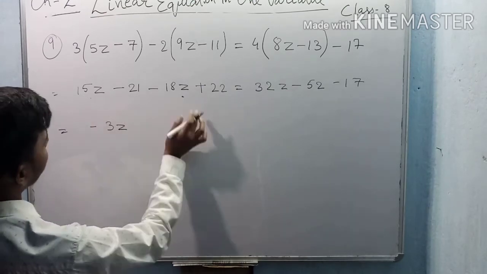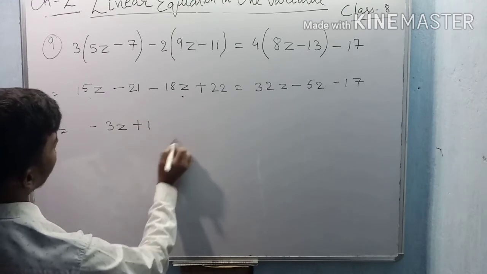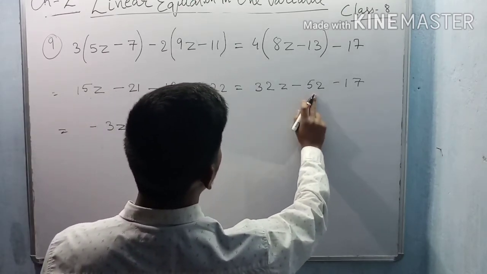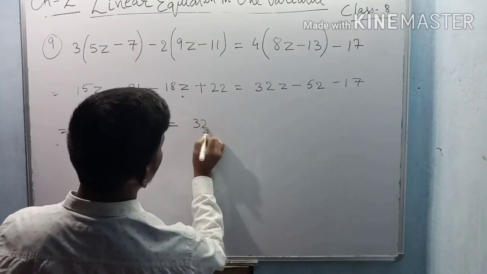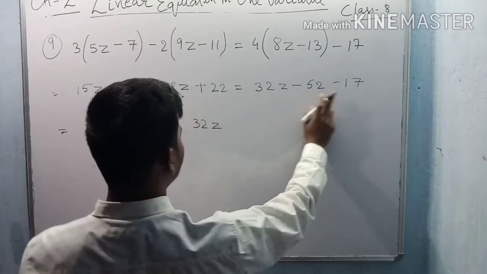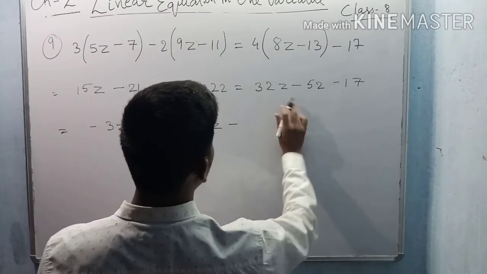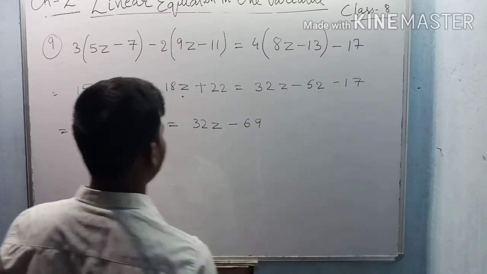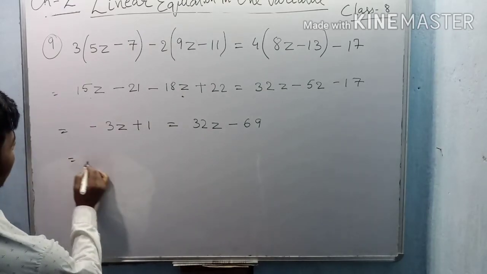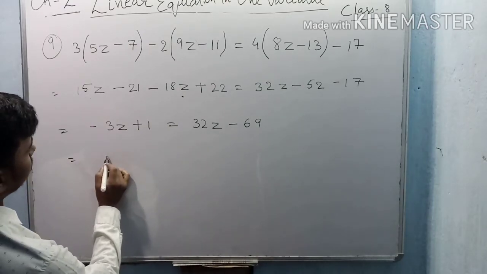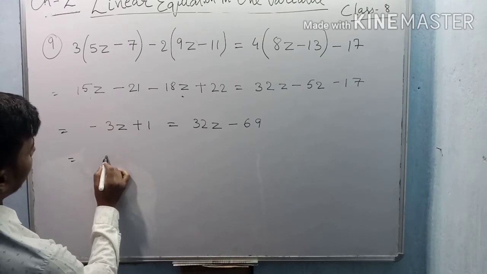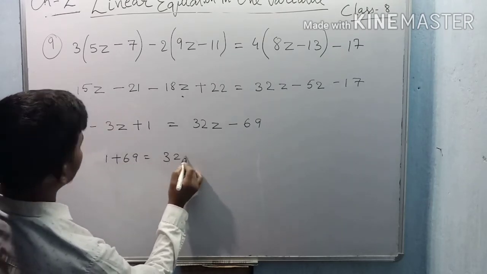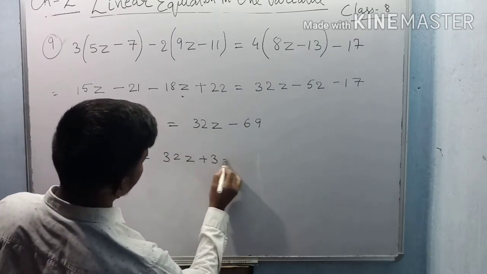So 3z plus minus minus plus 1 equals 32z. Here it is 32z. Plus minus minus plus, the sign goes with minus only, but plus it will be 52 minus 17 is 35... Okay, so 1 plus 69 equals 32z plus 3z.